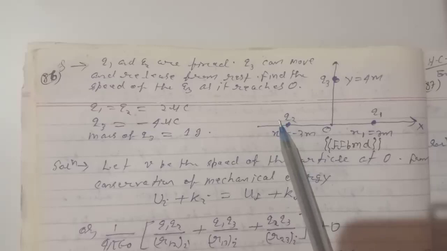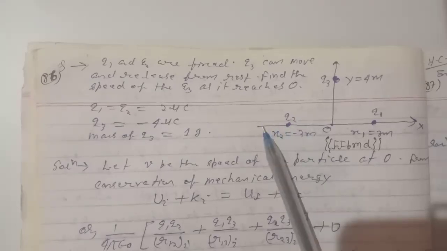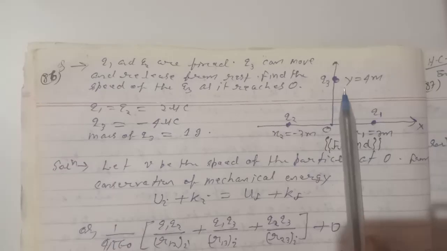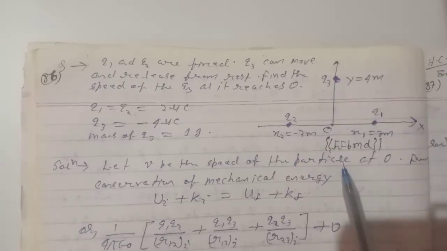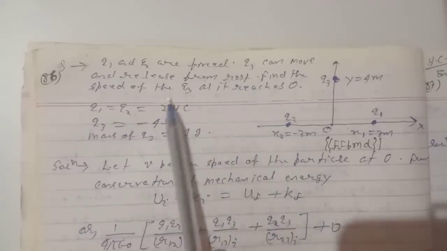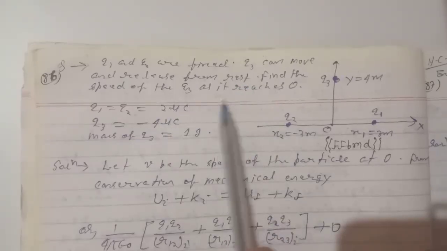So its coordinate is minus 3 comma 0, and similarly Q3 is placed at a distance of 4 meter on the y-axis.